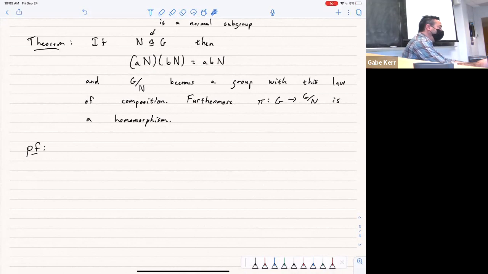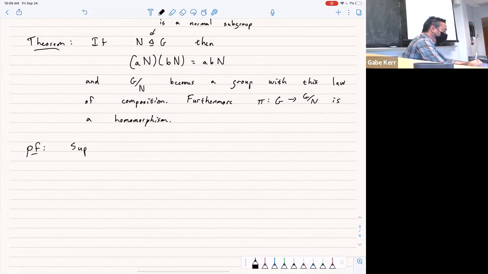When I write aN, I could have written it as some other element times N, so anything congruent to a mod N. So there's ambiguity. This doesn't really make sense for an arbitrary subgroup. It's normality that makes this make sense, and that's what I want to show.